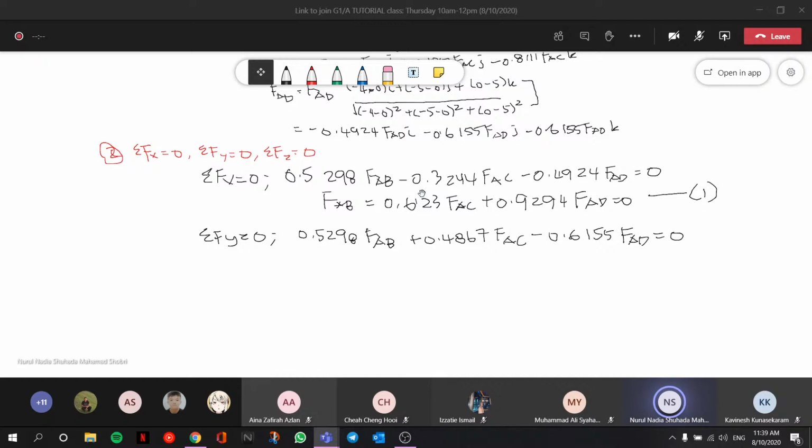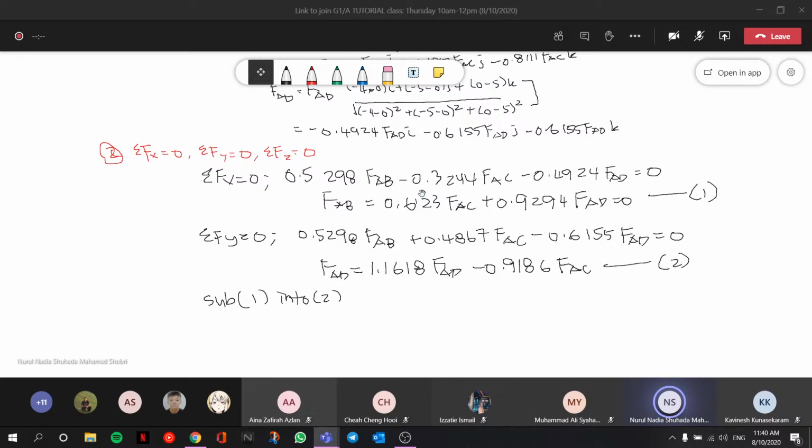And this one also has three different unknowns, so we simplify the equation. So this is equation 2. Okay, now we sub 1 into 2, or actually equal.